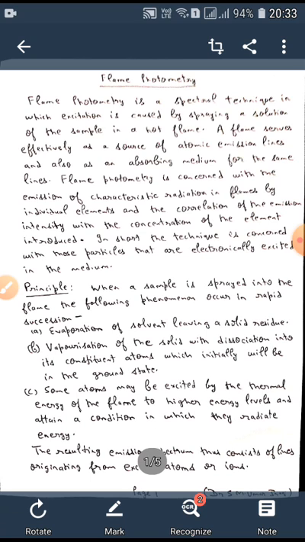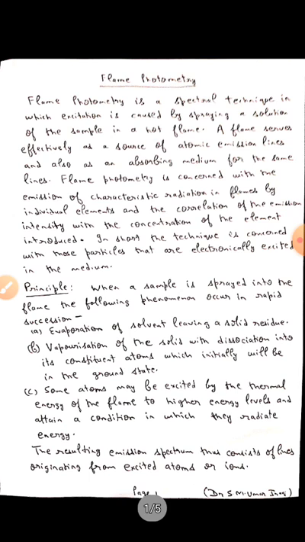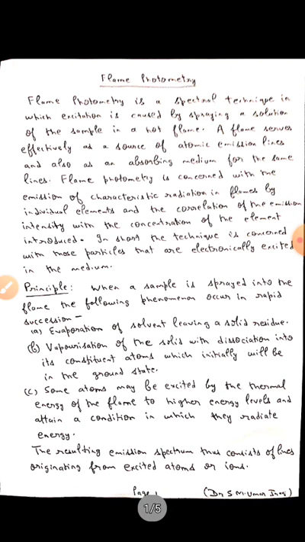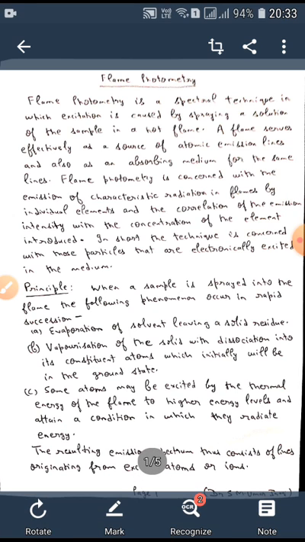Next, some of the atoms which are present in the ground state may be excited by the thermal energy of the flame. That is, they absorb the energy from the flame and are excited to higher energy levels, and they attain a condition in which they radiate energies. The resulting emission spectrum thus consists of lines which originate from excited atoms or ions.